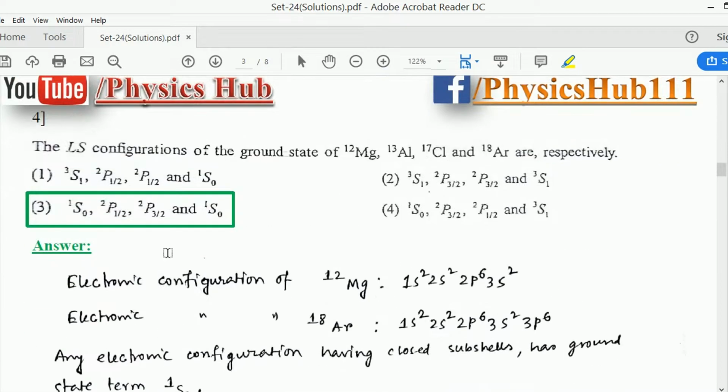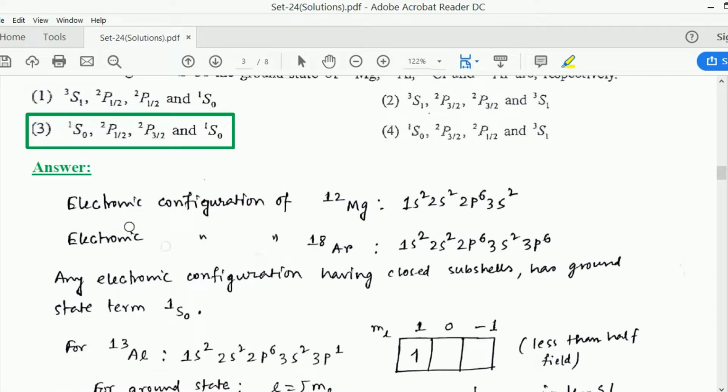Moving on to question number 4. The LS configurations of the ground state of 12 magnesium, 13 aluminium, 17 chlorine and 18 argon are, respectively. To find the ground state, we should know the electronic configuration, and from it we should consider the last term.